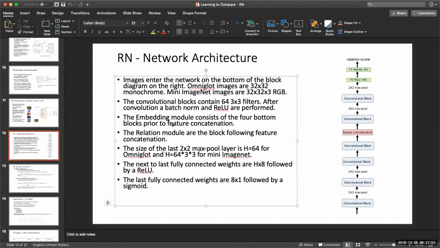So the embedding module, which is analogous to the VGG diagram that I talked about before, would be these first 4 blocks before the feature concatenation stage. And the relation module are the blocks following the concatenation.